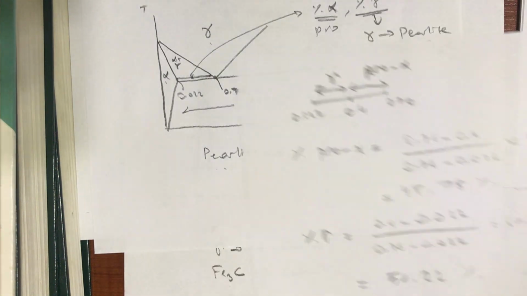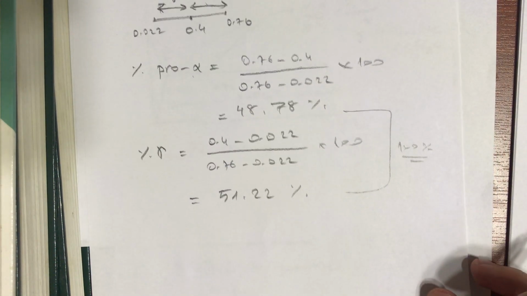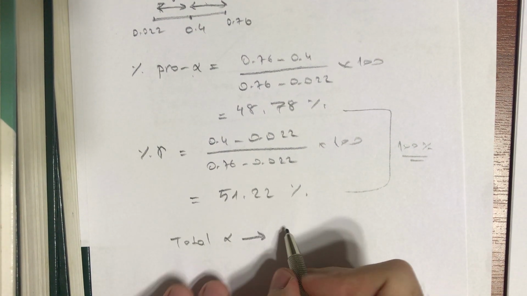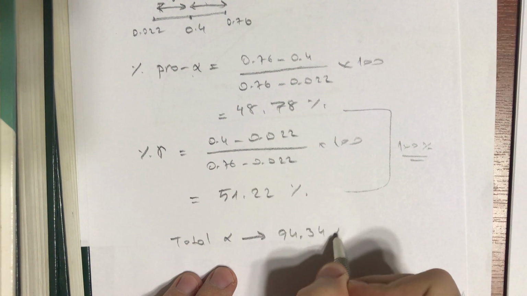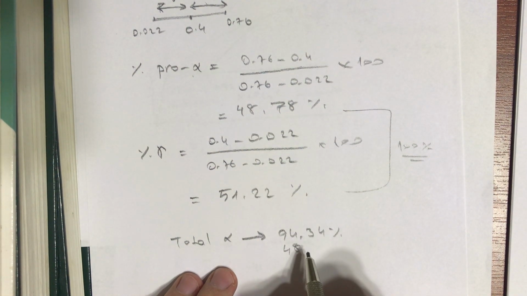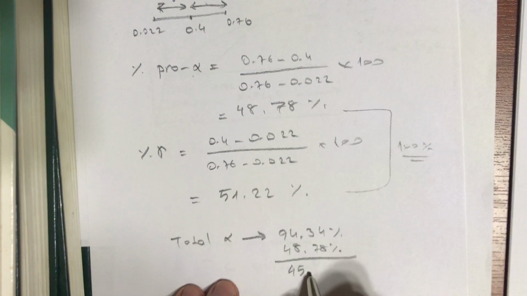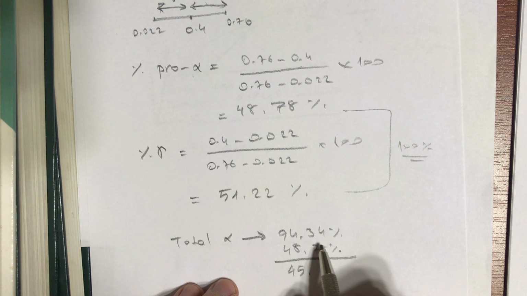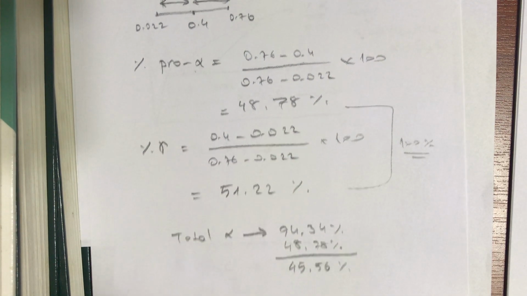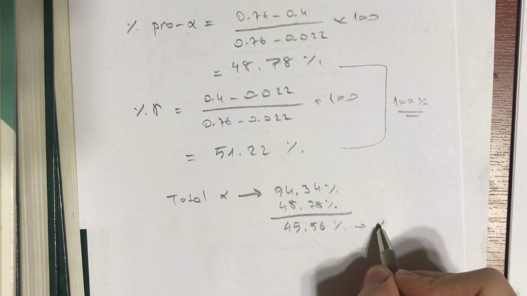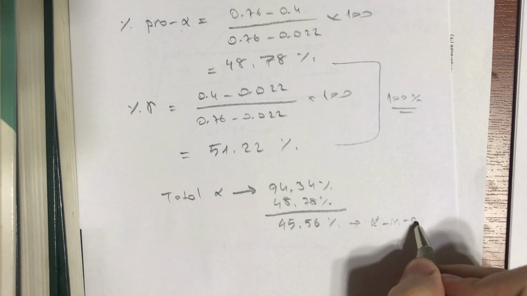And we can do a simple check right now. So we know total alpha phase is 94.34%. If you subtract the amount of proeutectoid phase that you have found, you get 45.56%. That is the alpha in perlite.